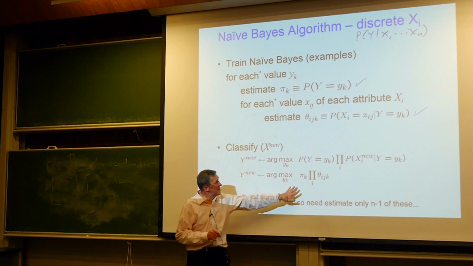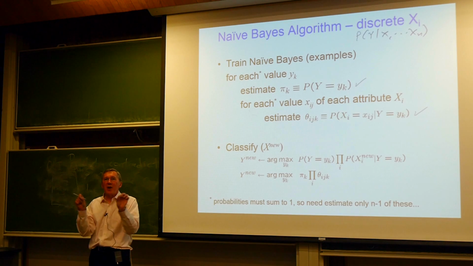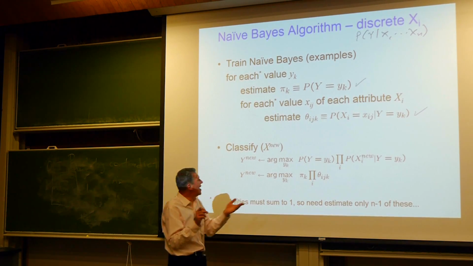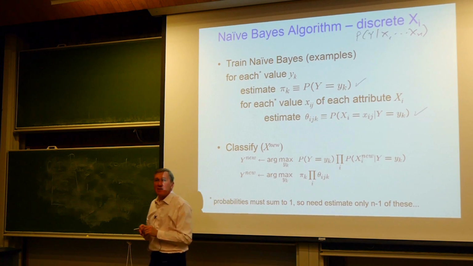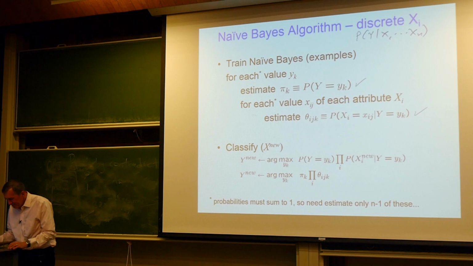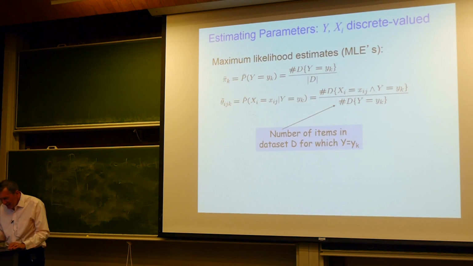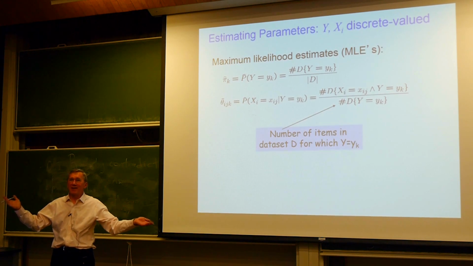So classifying is just a matter of multiplying together those selected parameter estimates that happen to match the values of my new example that I'm trying to classify. Okay? And we can estimate those parameters using our old friend maximum likelihood.